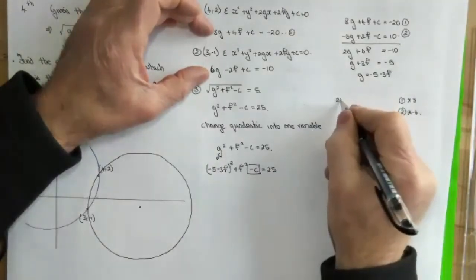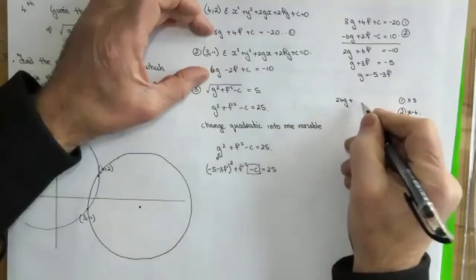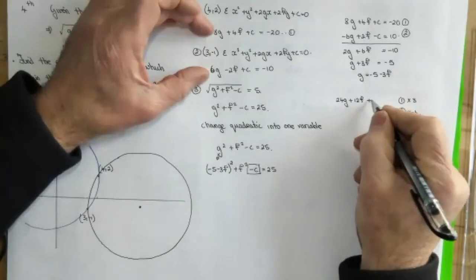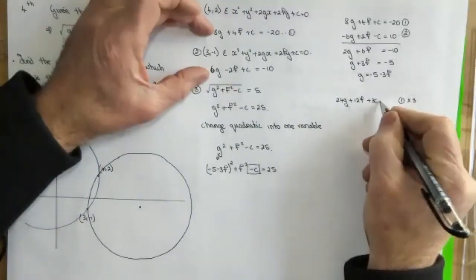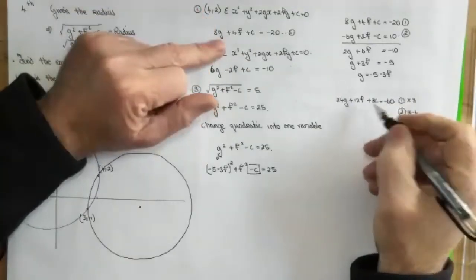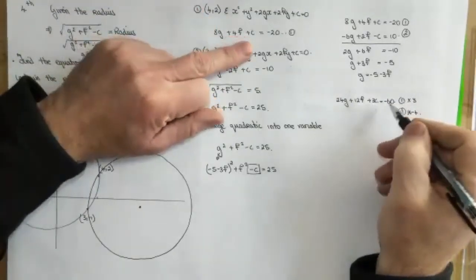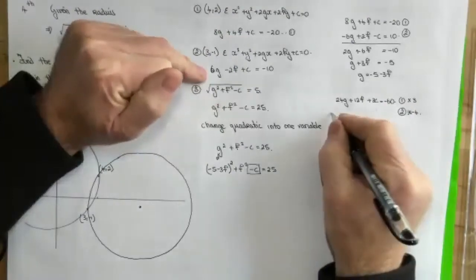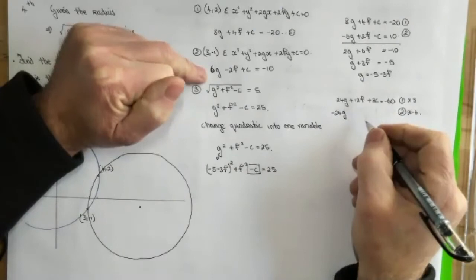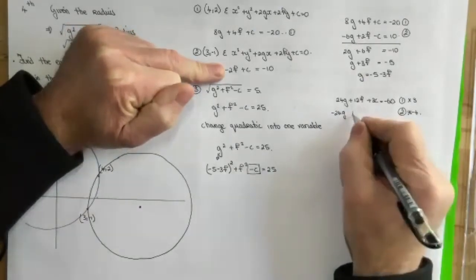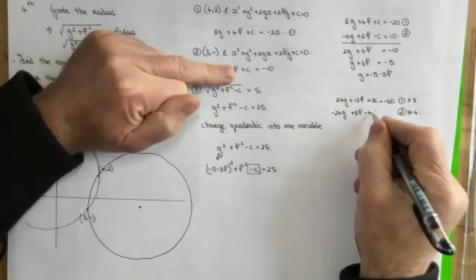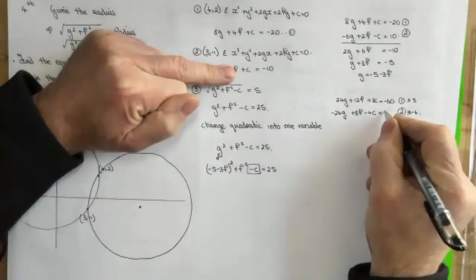3 8s are 24g plus 3 4s are 12f plus 3c is equal to minus 60. 24, 12, 3, minus 60. Minus 4, minus 24g plus 8f minus 4c is equal to 40.